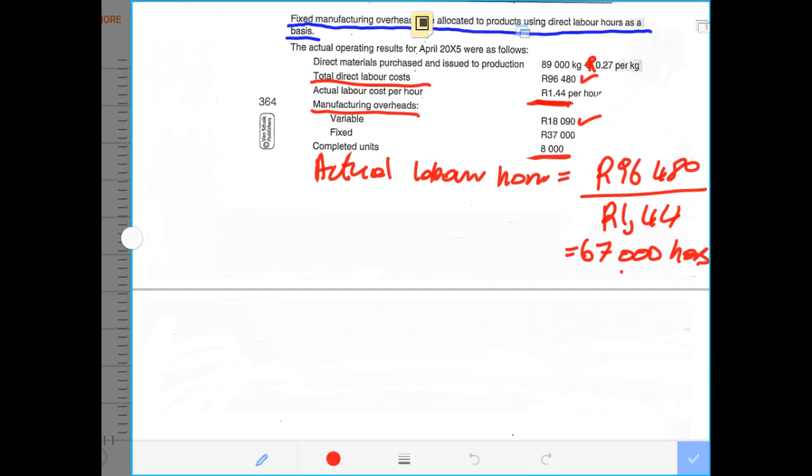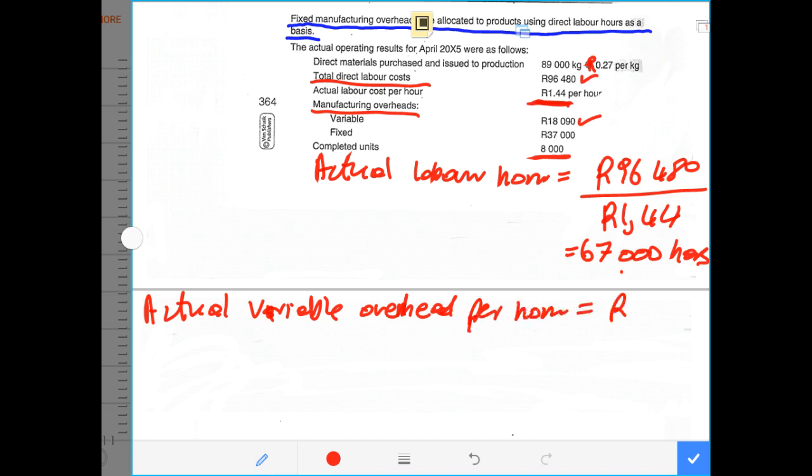We will have to calculate the actual variable overhead rate, the actual variable overhead per hour.